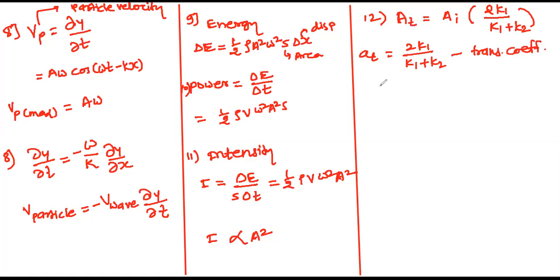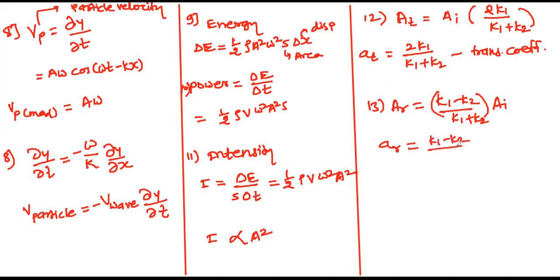Next, you are having one more formula, that is AR is equal to K1 minus K2 by K1 plus K2 into AI. And here AR is the reflection coefficient, that is K1 minus K2 by K1 plus K2.